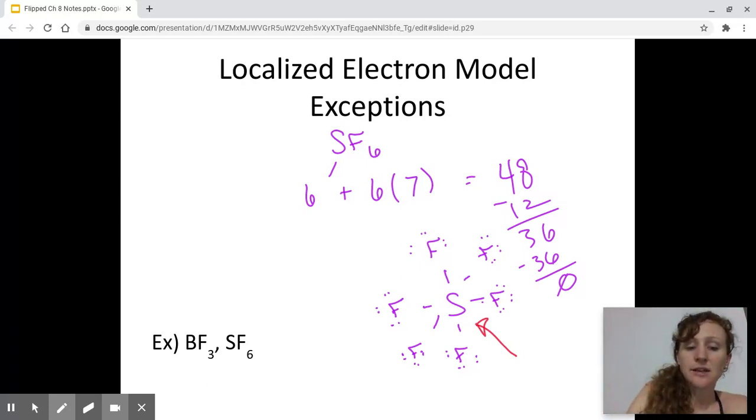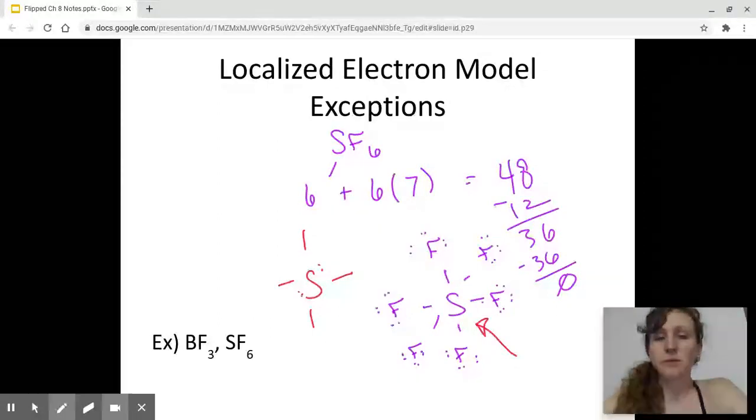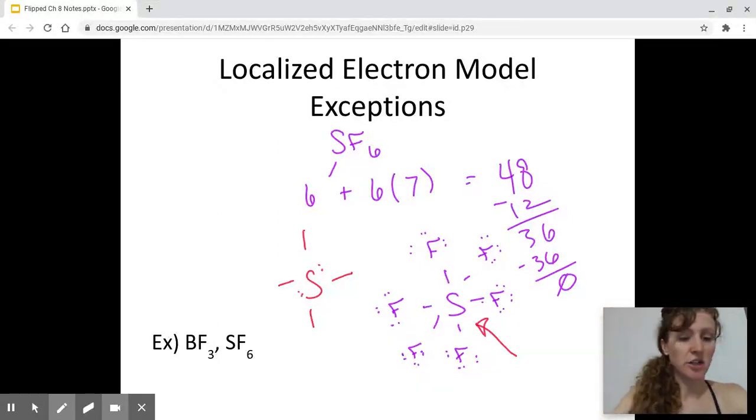You'll see some cases where you'll have some things bonded on and then you have electrons left over and those electrons just get added as lone pairs to the central atom, but always the central atom. The exterior atoms cannot hold extra electrons. The one in the middle can because it's already sharing what it has. It doesn't truly have 8. It's sharing 8. It has part of 8. So once in a while, that central atom can stabilize a couple extra electrons.